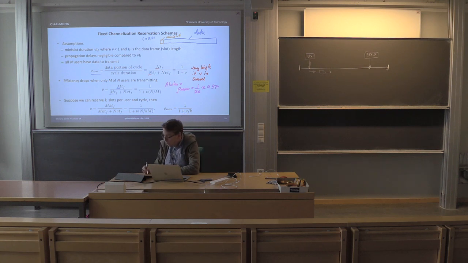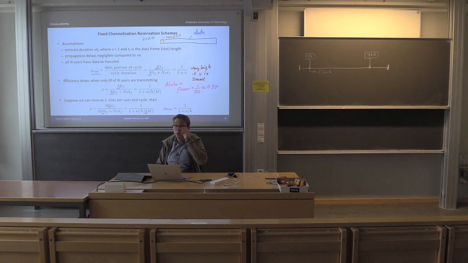The difference is now a k which comes up here. If we make that k sufficiently large, then we regain the efficiency loss we had before. But this relies on there being enough data from each node that we can actually use all these k frames, which is not always the case.